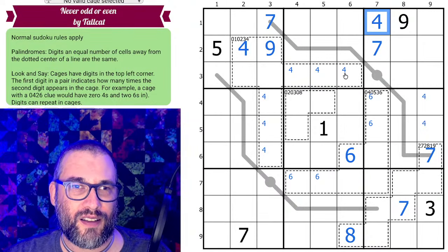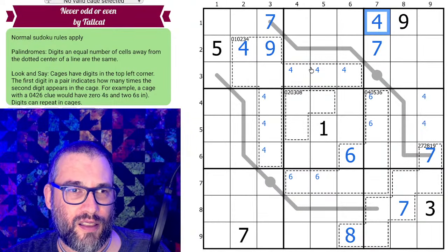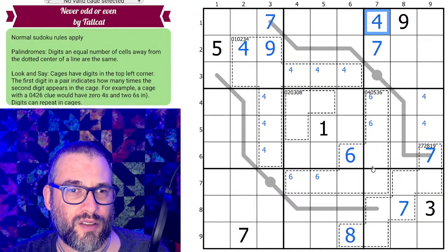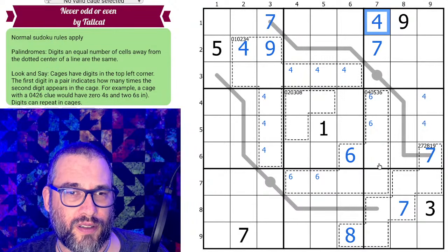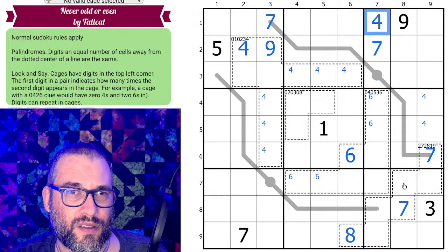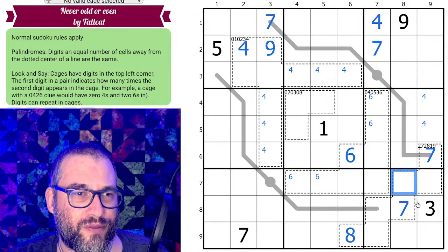Let's see. So we've got a 4 here. That could still be a 4. That's annoying.